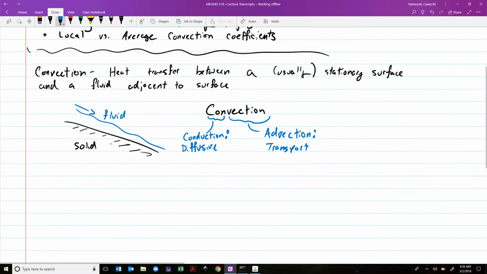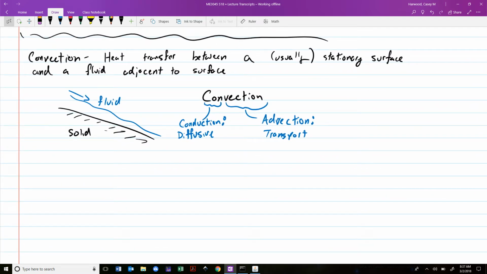So besides thermal energy, right, convection governs a variety of different phenomena and these are going to be a secondary focus of this class.